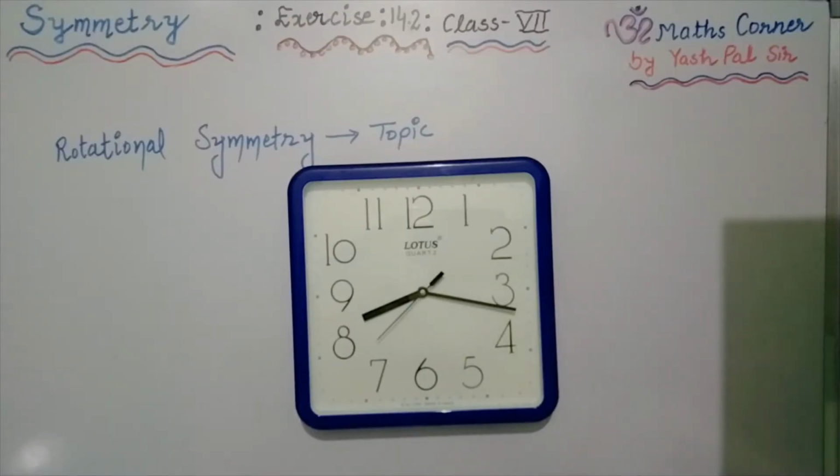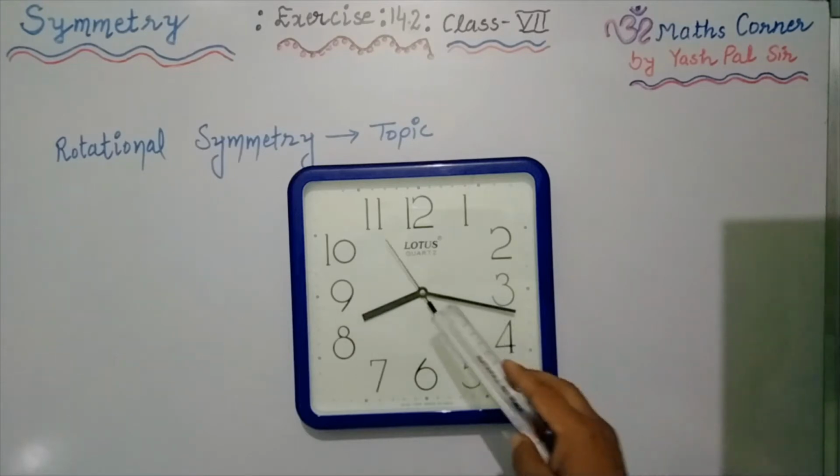This way we have seen that when an object rotates, its shape and size do not change. The rotation turns an object about a fixed point. This fixed point is called the center of rotation.